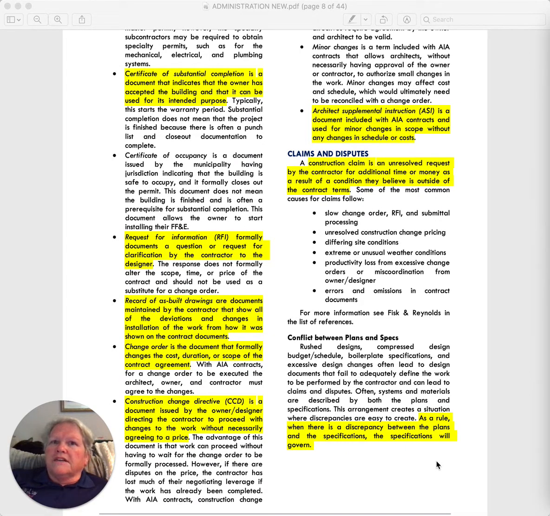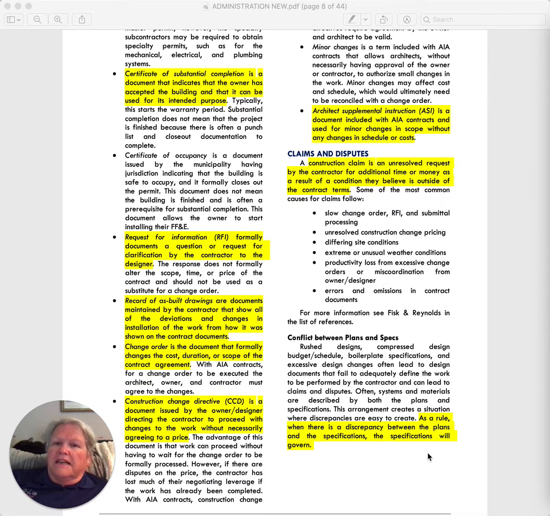What I will tell you is that the true intent of it is that whatever is the most detailed will govern. So if there's a note on the plans that is more detailed than the specifications, 9 times out of 10, every architect is within their rights to enforce you to do the more detailed version or the one that costs the most.